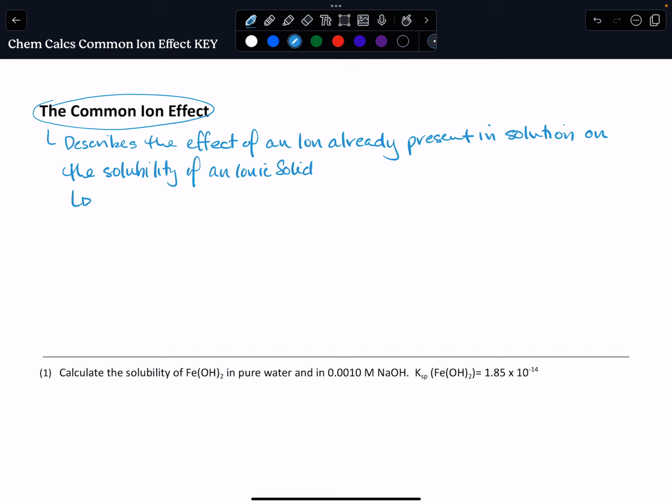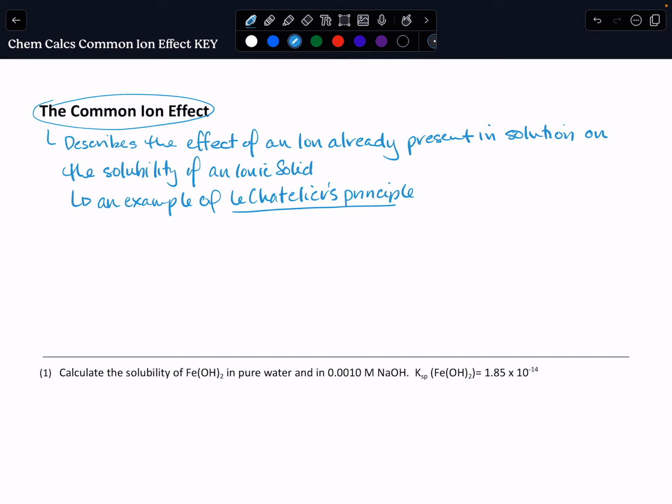It's really an example of Le Chatelier's principle. If you haven't looked at Le Chatelier's principle, that also would be a good idea.